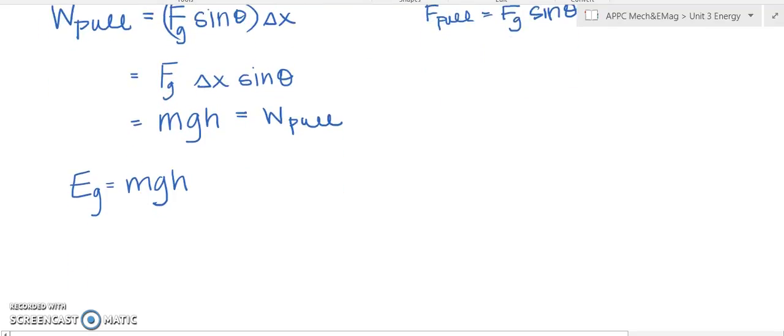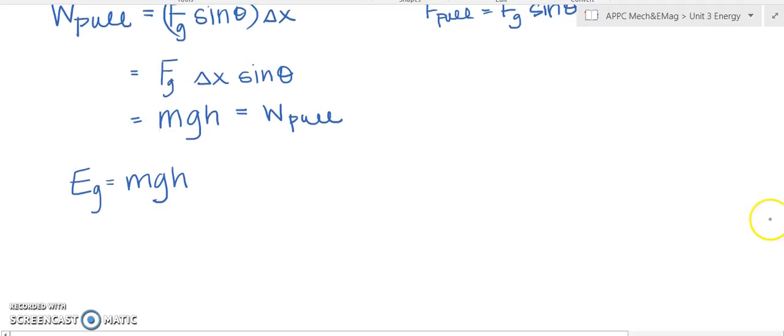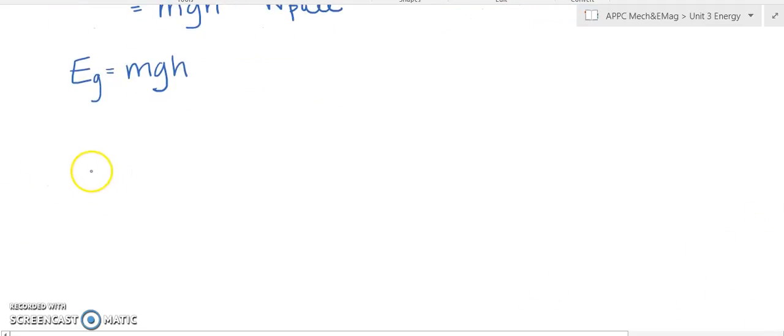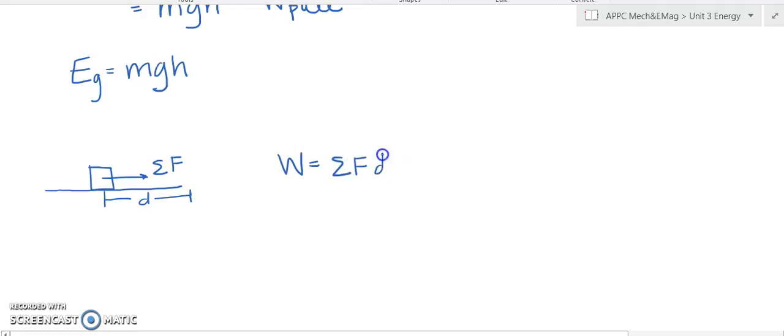Now, let's look at what happens when a force is applied. So we have some net force. This represents all the forces in the horizontal direction acting on this object that's going to go a distance d. Okay? So the work would be the net force times the distance.